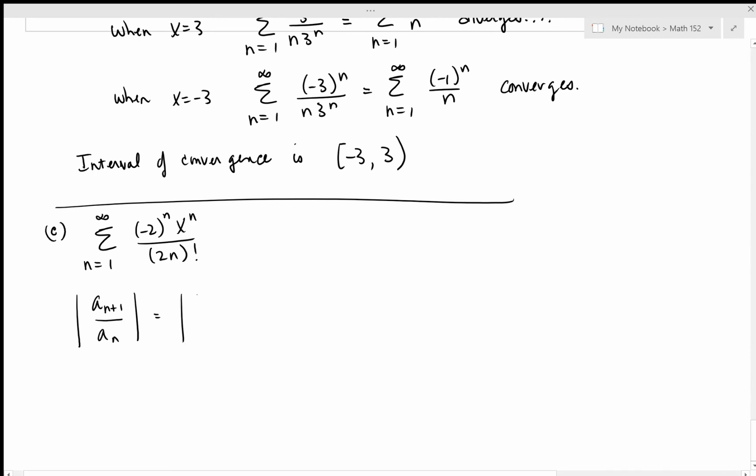Okay, so I'm going to take the n plus first term, a to the n plus 1, and then I'm going to divide by a n.